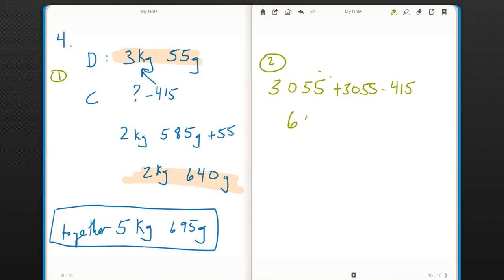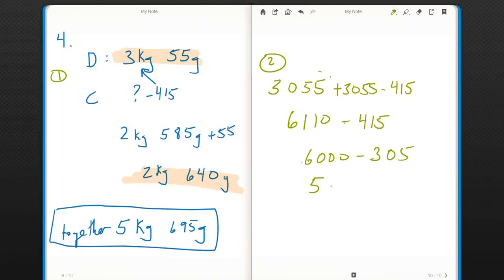So I would have 6,110, take away the 415. Mental math, how do we want to do it? I could take away the 110, that would leave me with 6,000, and I would have 305 left to take away. 6,000 take away 305 is 5,000.